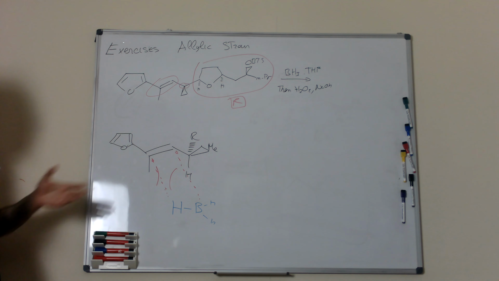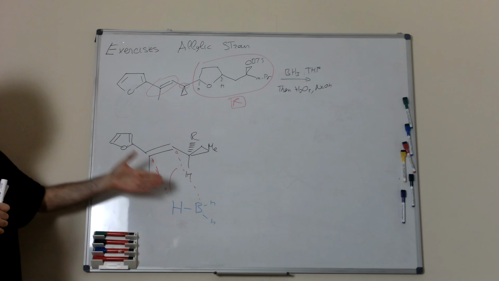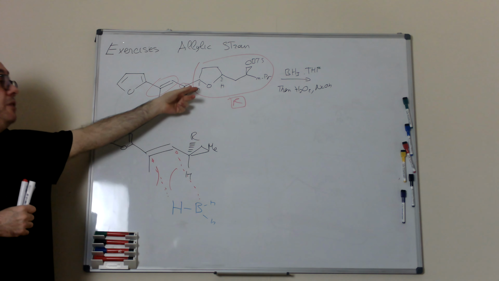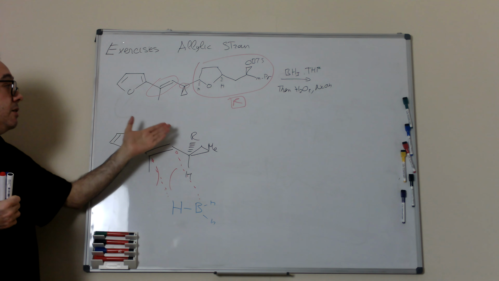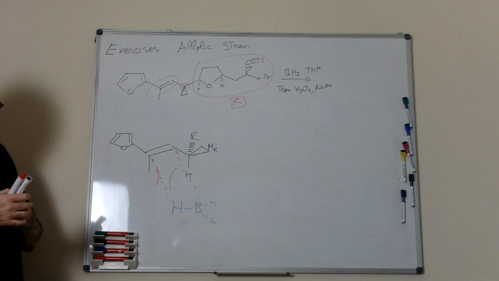Now we have to decide on which side of the double bond the reaction will take place. If the boron is coming from in front, it's facing a methyl, while if the boron is coming from behind, it's facing all this group, which is by far bigger than a methyl. That means that sterically the reaction will take place from the face of the methyl.